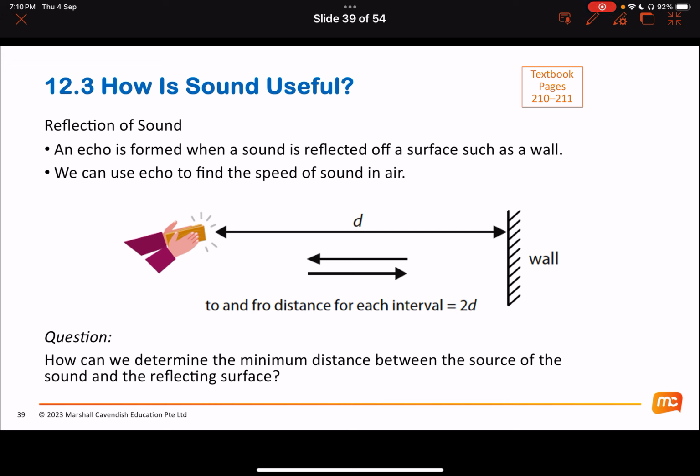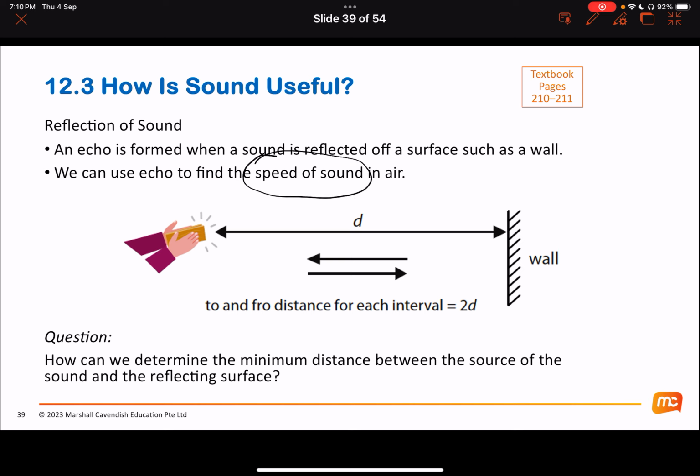If you know the speed of sound, you can use it to determine the distance. Or if you have a given distance, you measure the time it takes for the sound wave to travel and come back, and you can use it to measure the speed of sound.